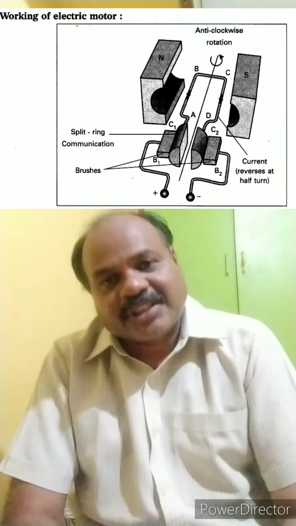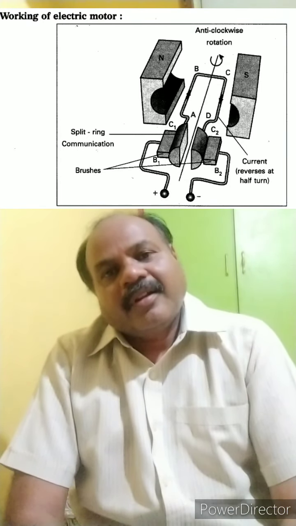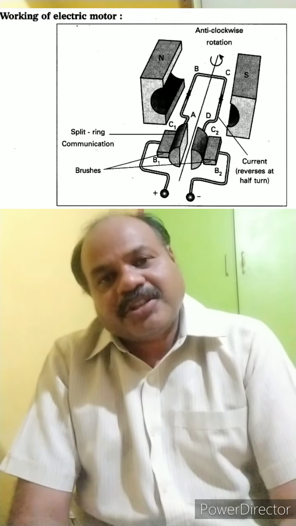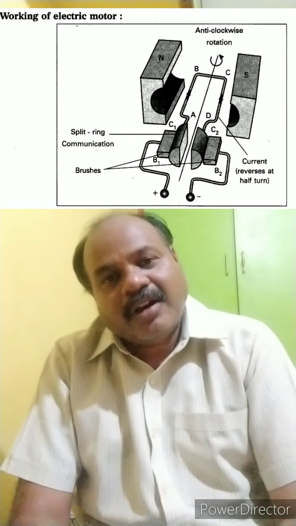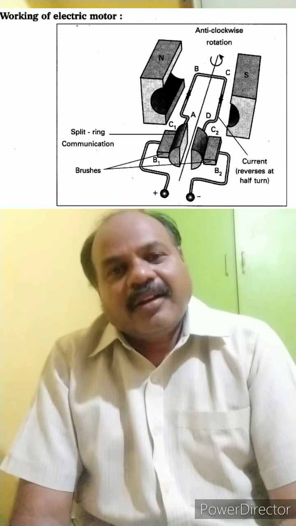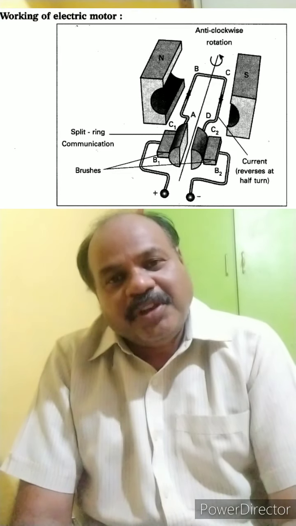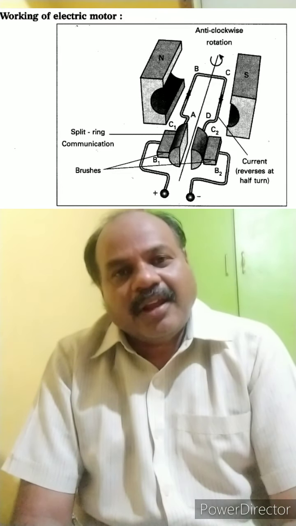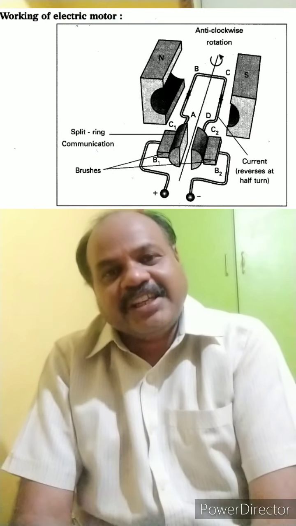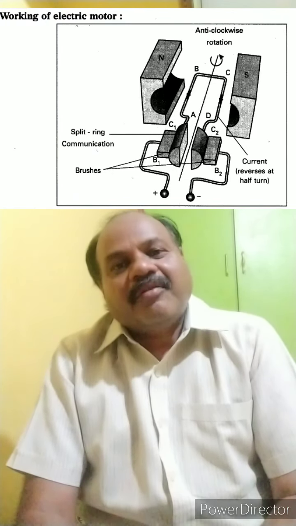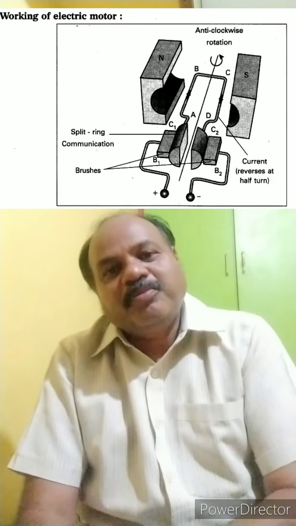Now, how does it work? When switched on, current is passing through the armature. In what direction, you see? Current enters through B1, C1, A to B to C to D. Again, it comes out through C2 to B2.